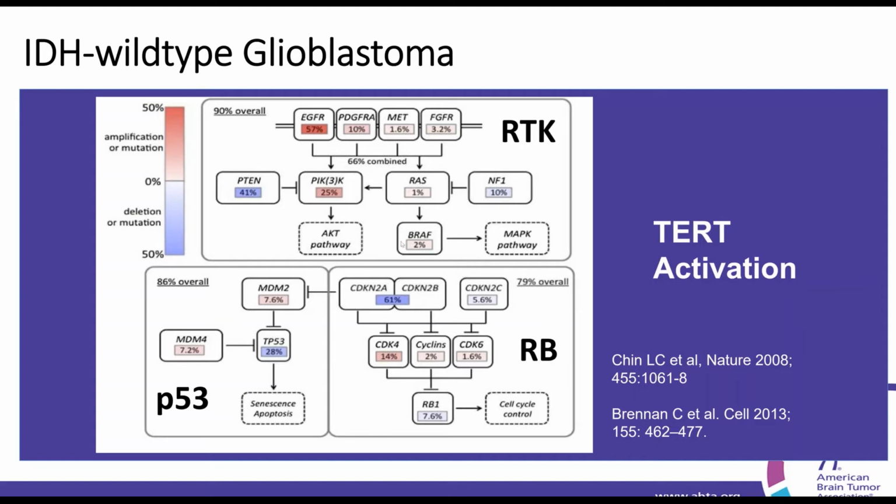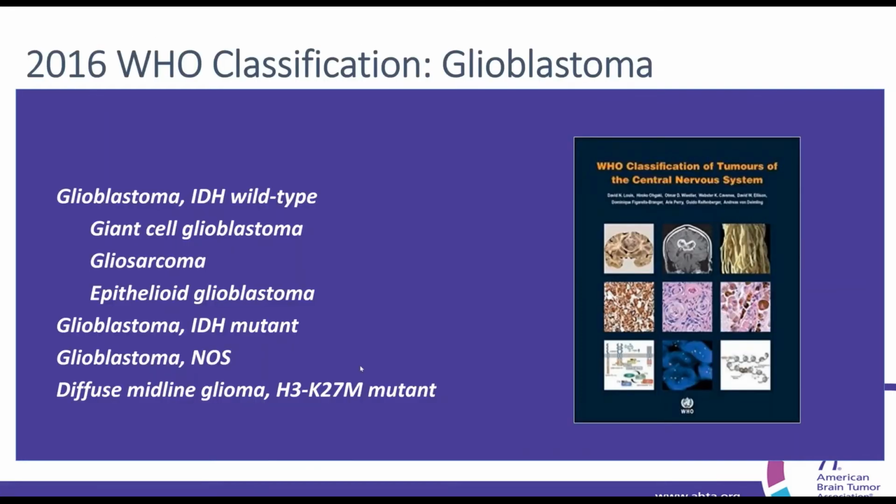We in the brain tumor community are always hopeful that, for example, there'll be a specific agent that can target EGFR or PDGFR A or c-MET. Those are a long time in coming, but that is the specific idea for personalized medicine in general.